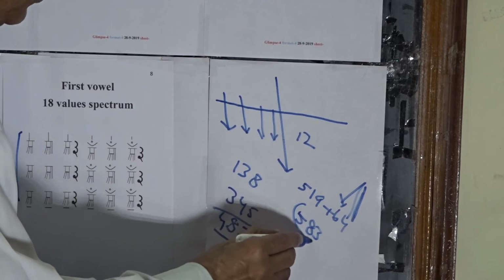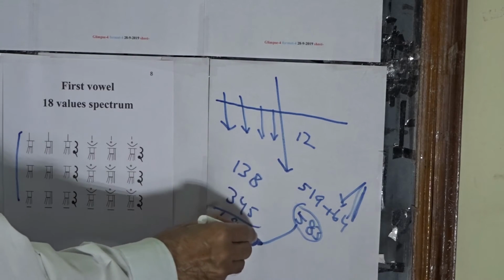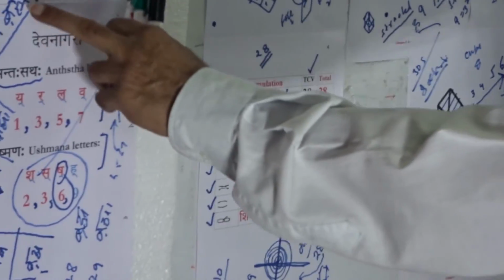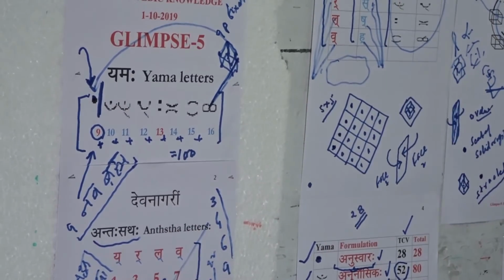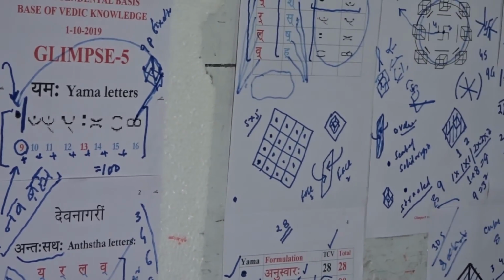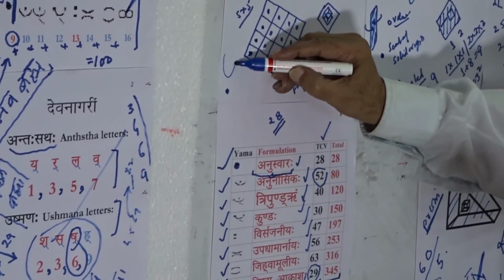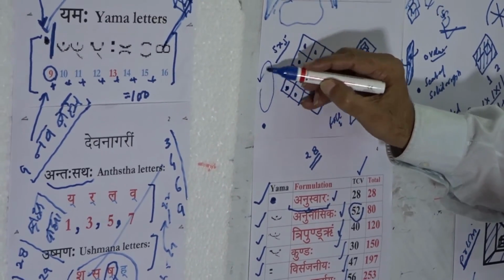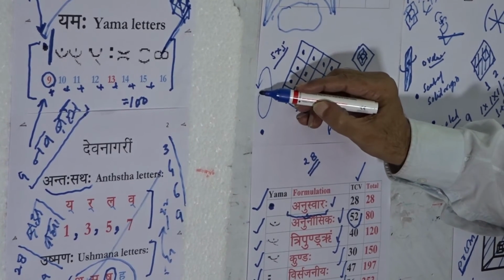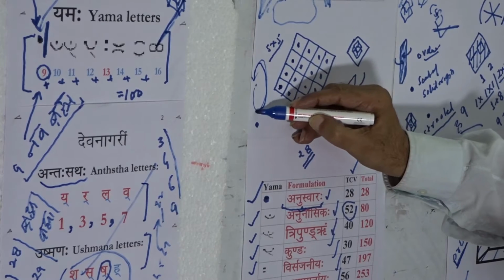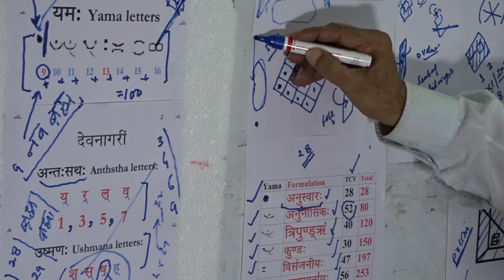The difference value 100 is the value of the TCV values of 9 Yama letters, that is 100. It is this way that this Devanagari Varnamala from Yama letters takes us back to the Swaras. So from Swaras to Vargas to Anthastha to Ushmanas to Yama, and then reaching the Swaras.